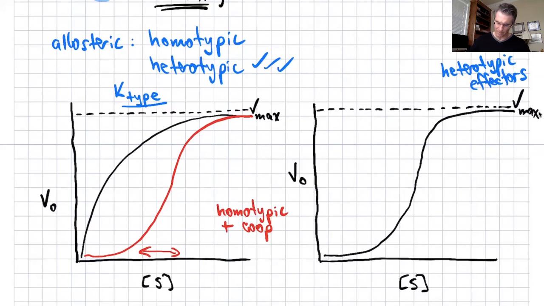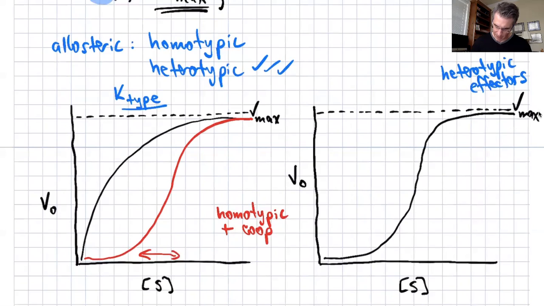Because remember that the simple-minded way to think about this is, if you think back to those models of cooperativity, you can think about this allosteric enzyme as transitioning between T and R states, where the T state is less active, right?